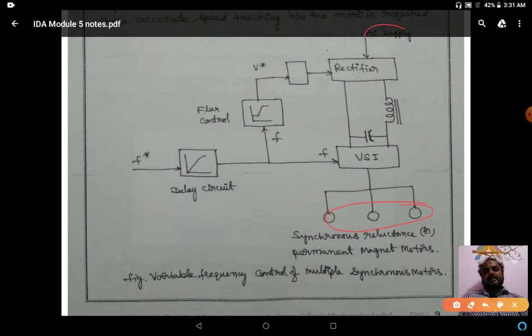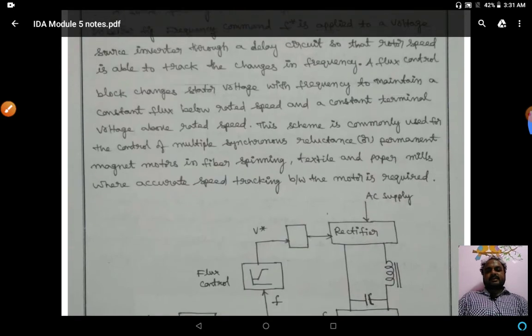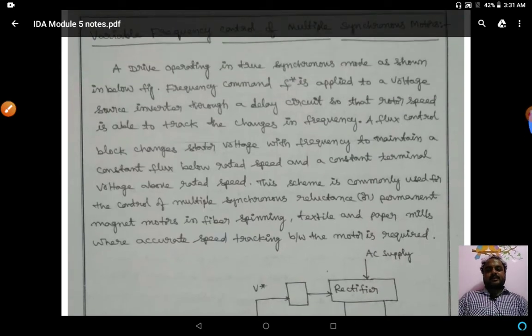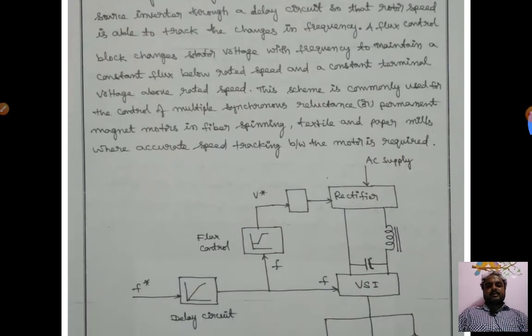We are using AC supply, rectifier and filter, and a VSI, voltage source inverter. In between we are using the frequency control. By using these, we are controlling the speed of the synchronous motors.